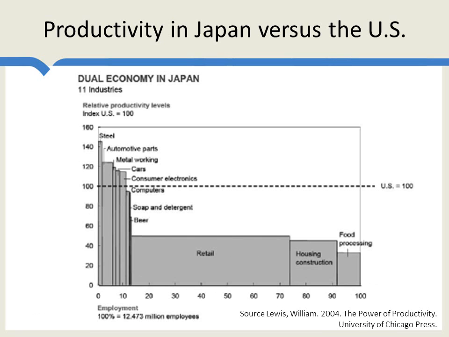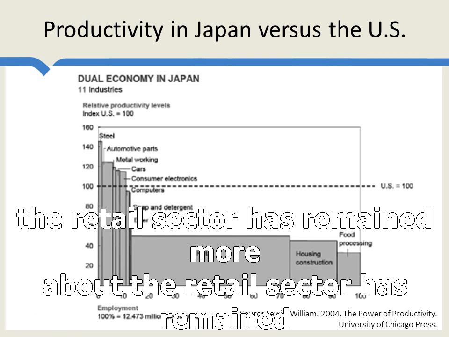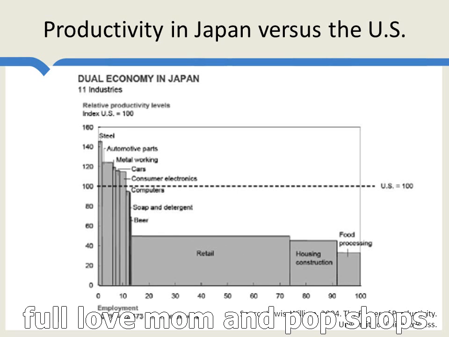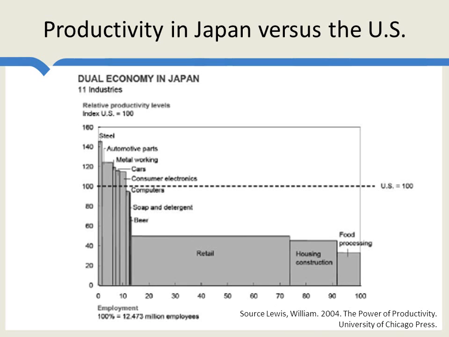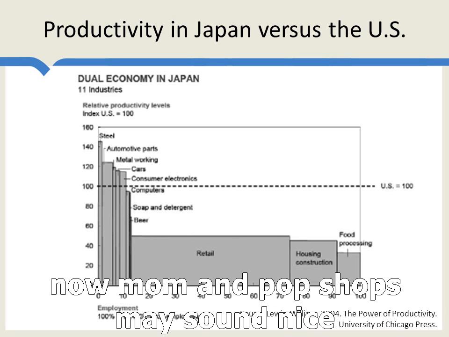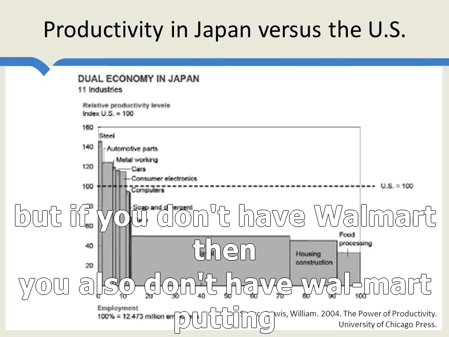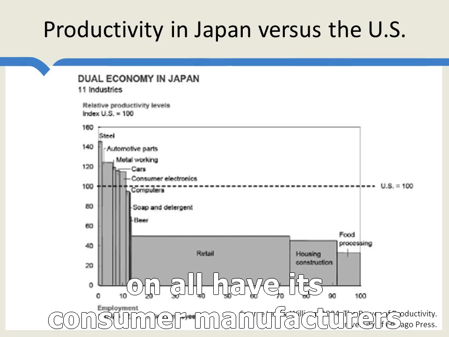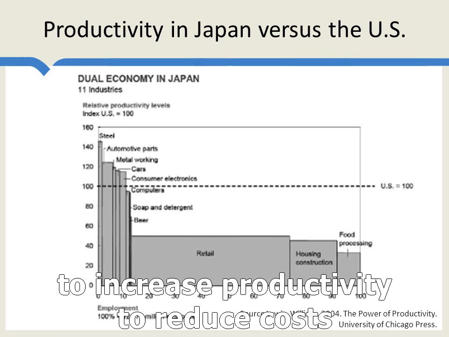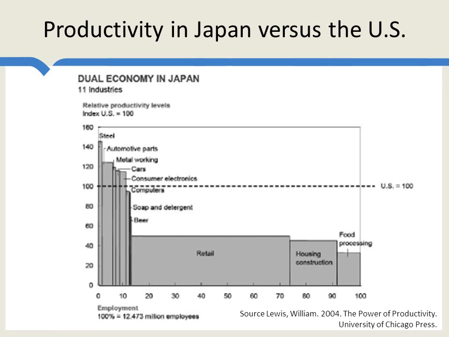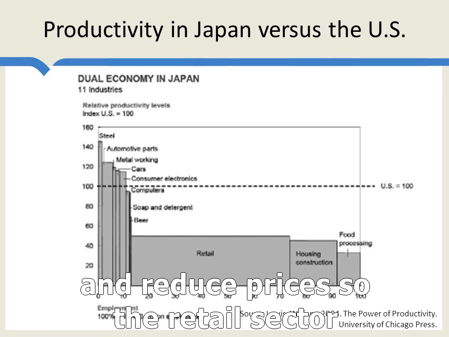Now, mom and pop shops may sound nice, but if you don't have Walmart, then you also don't have Walmart putting pressure on all of its consumer manufacturers to increase productivity, to reduce costs, and reduce prices. So the retail sector has knock-on effects. When you have a poor retail sector, when you have an inefficient retail sector, you get an inefficient sector manufacturing consumer goods.